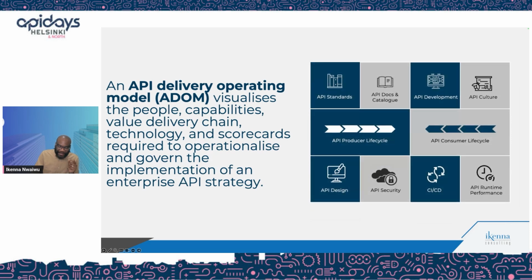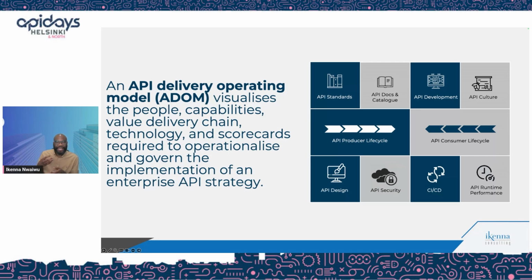But one important thing I do want to talk about in this talk is that we also need an operating model. When I talk about an operating model, I'm talking about the visualization of the people, the capabilities, the value delivery chain. How exactly is the API going to be consumed? What's that customer journey? What's the customer journey of building an API, or not the customer now, but the producer journey of building the API?